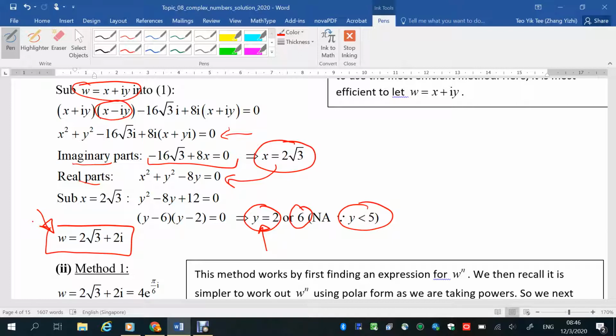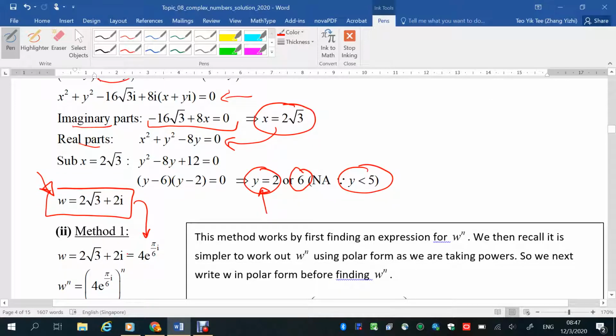So the trick now is to convert this W in Cartesian form into your re^(iθ) form. I say again, the trick here is to convert your W into re^(iθ) form. You need to find its modulus and argument.